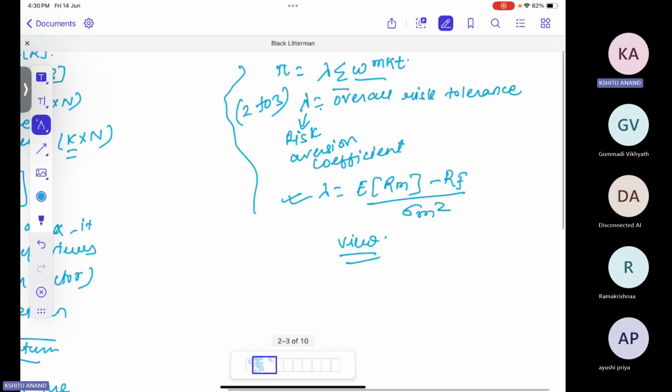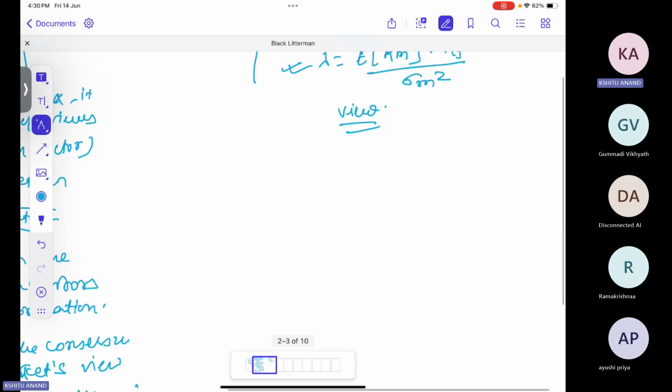For simplicity, we will be taking 5 stocks in our portfolio. So let us take 5 stocks: A, B, C, D, and E. Got it? Now let us assume that we have calculated the expected return of these.